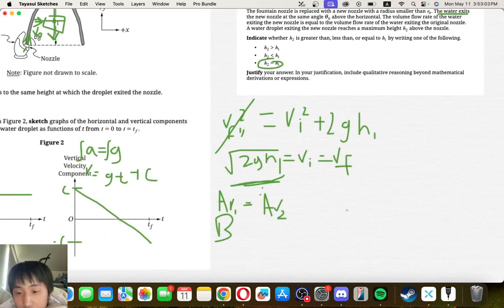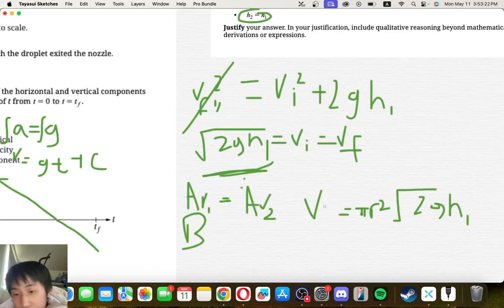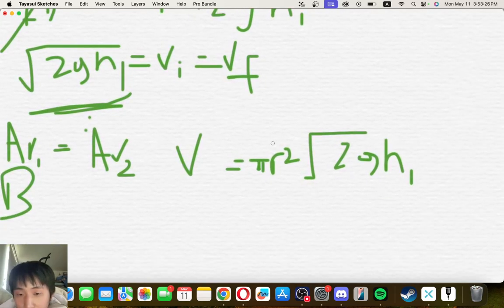Anyways, so yeah, pi r squared. Volumetric flow rate was pi r squared times the square root of 2gh1, and it's the same volumetric flow rate but with a smaller r.